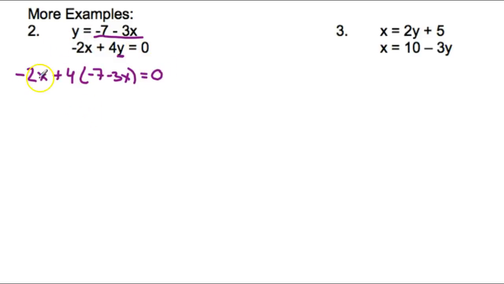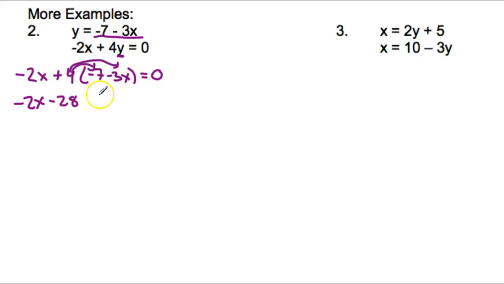Now I want to solve for x. If I look, there are no more y's, so I can solve for x. So I'll write negative 2x. Now this part right here I need to distribute. Plus 4 times negative 7, that's going to be negative 28. Just distributed that. Now I'll do it over here.